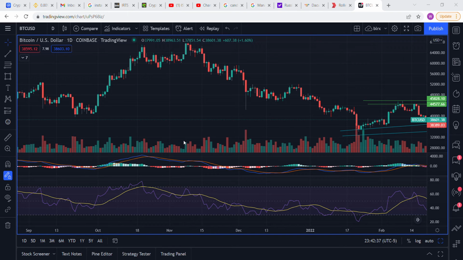Because then you have a great idea that it is going to bounce off of that support and move back up to the resistance. That is one that works like a charm for real. It works really well.